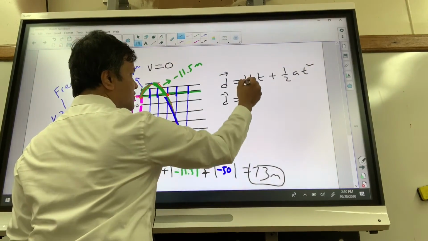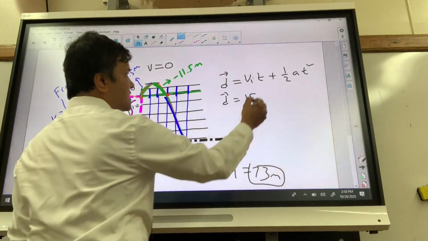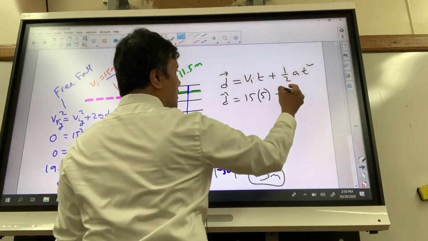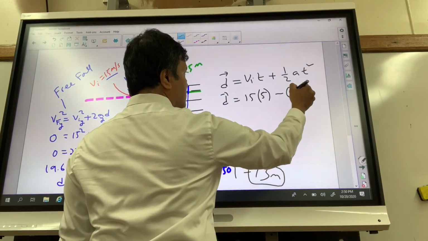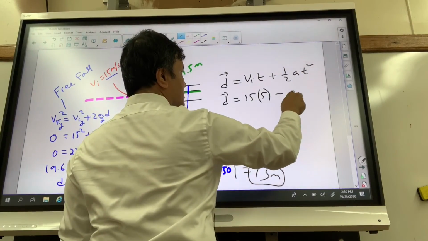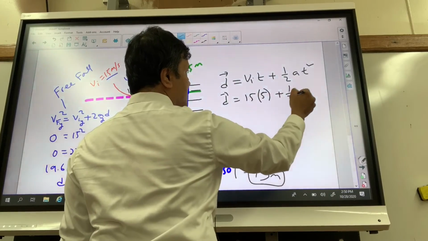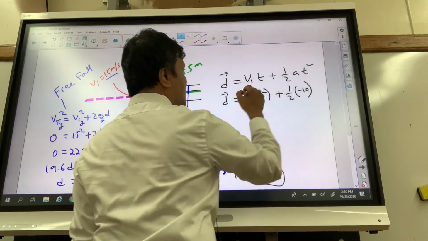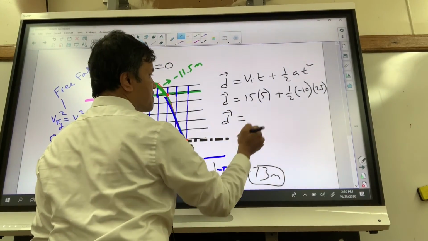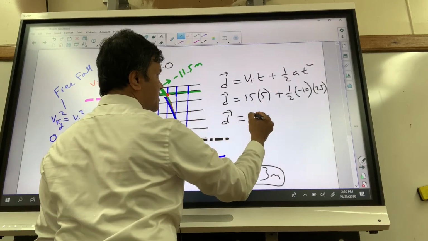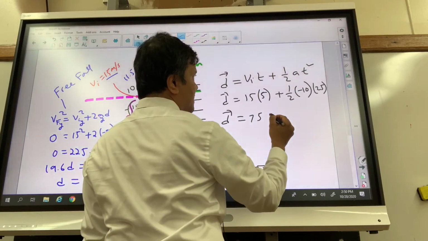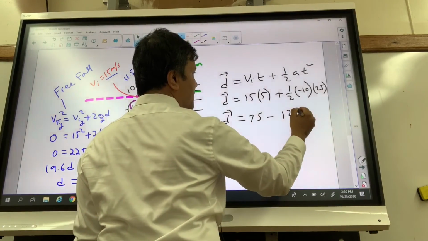So displacement is equal to v is 15, t is 5, it took 5 seconds, plus half times negative 10, and t squared is 25. So d is 75 minus 125.